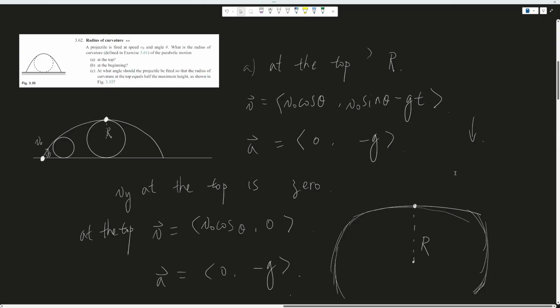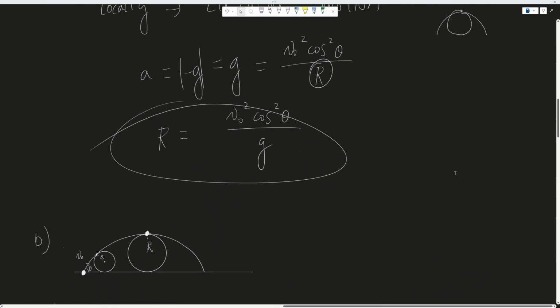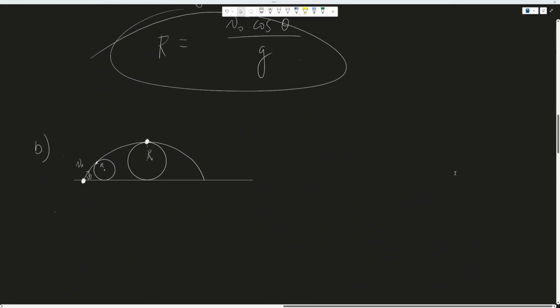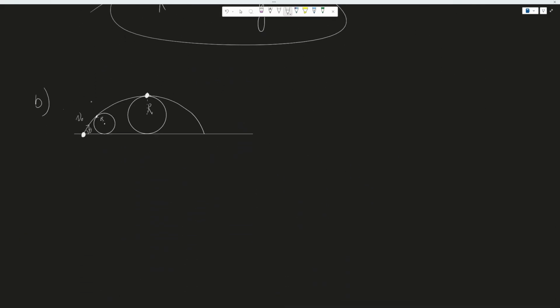Now let's look at part B. It is asking us for the radius of curvature at the beginning of the path. So let's use the same logic as before. We view it, like the circle here, sort of like going in a circular motion locally, just at that point. So then what do we need?